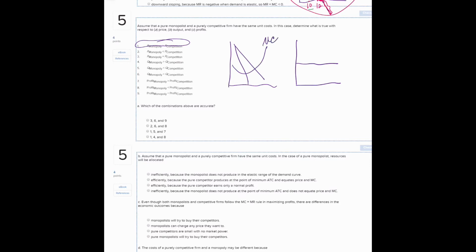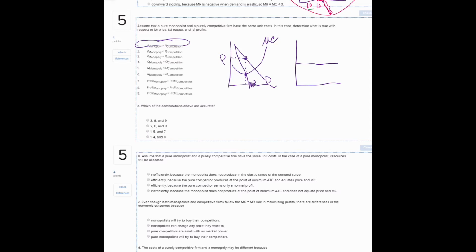So let's call this marginal cost. Here's our marginal revenue curve, which sits below the demand curve. The profit maximizing output for the monopolist is going to be at this lower quantity, and the price is going to be at a higher price than the perfectly competitive firm.